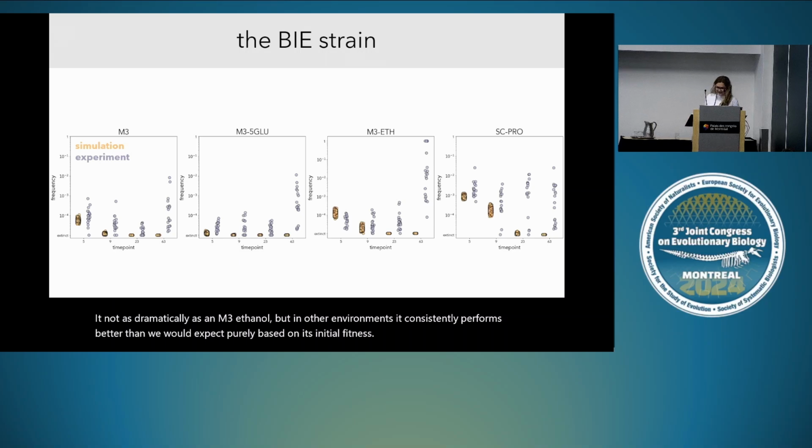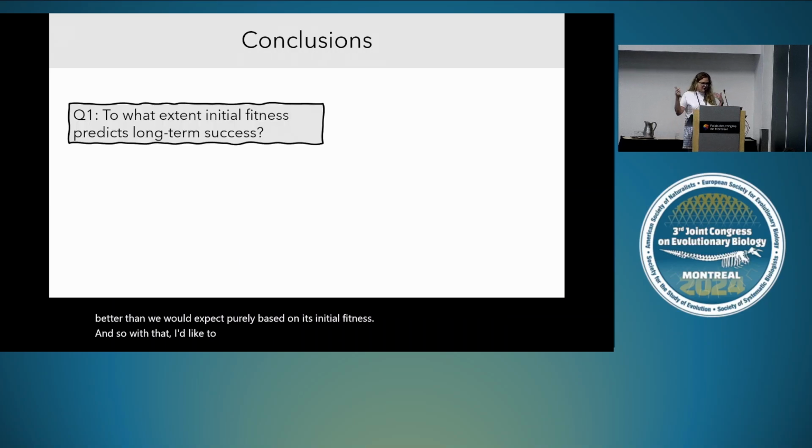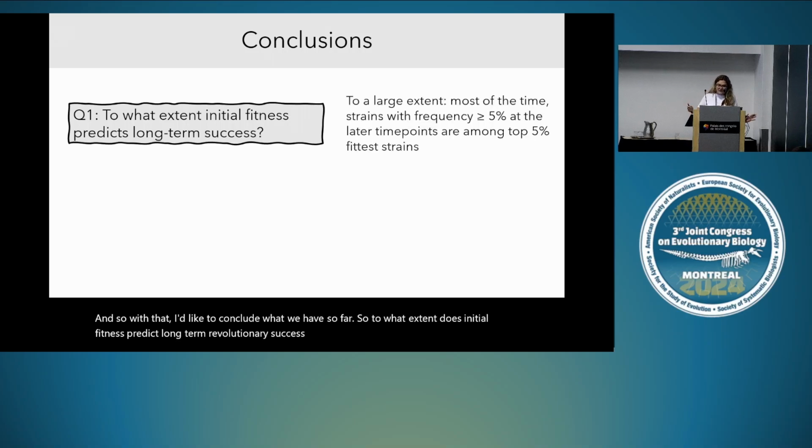And so with that, I'd like to conclude what we have so far. To what extent does initial fitness predict long-term evolutionary success? Well, to a very large extent, and most of the time, strains that end up with more than 5% at the end were among the top fittest strains in the beginning, and this is consistent with other data by other people, consistent with common sense, with cancer data, and so on.